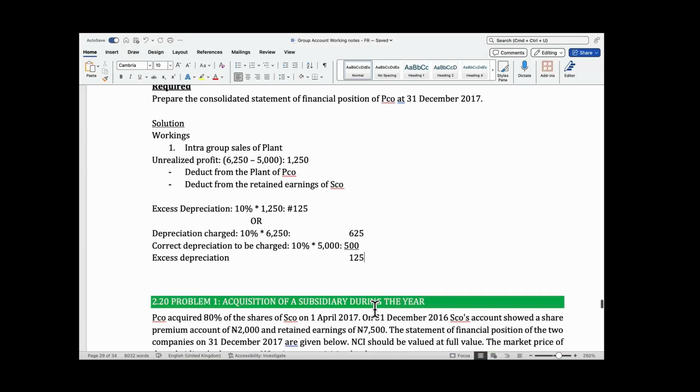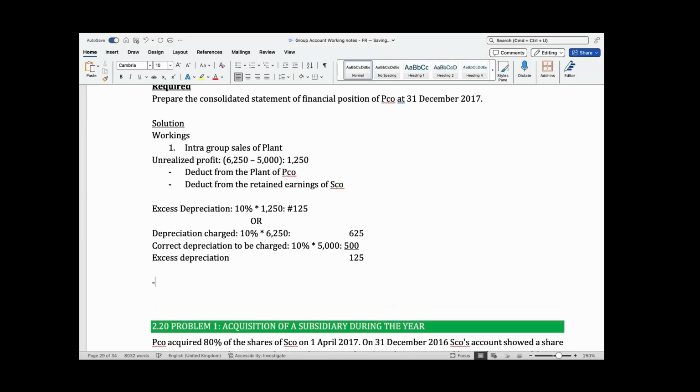Now, how do you remove this excess depreciation? Since he has overcharged depreciation on plant, we are going to add back to plant because he has over deducted.